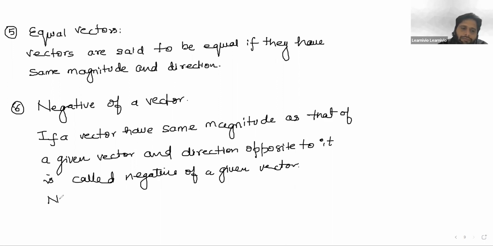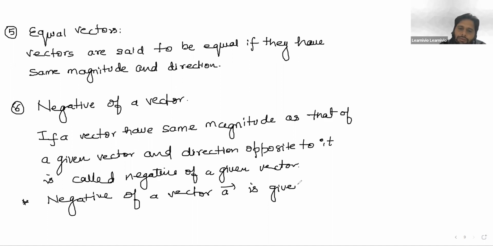So the negative of a vector A is given by minus A. You can see these vectors have the same magnitude, but the direction is different. Now please note this down, let me know, then I will give you a question.